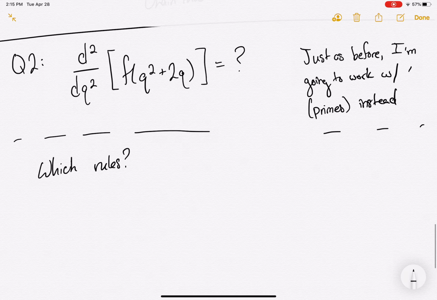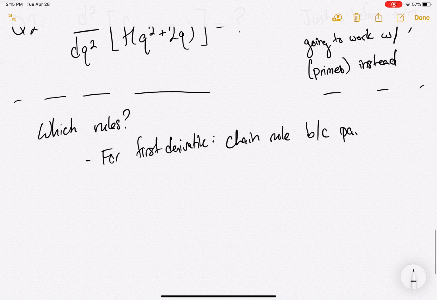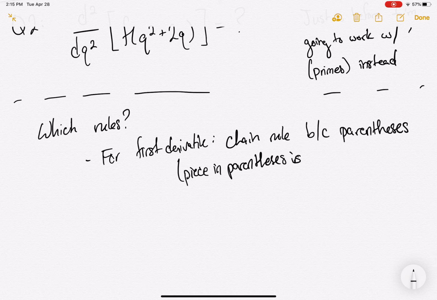Well, for the first derivative, we'll use the chain rule because parentheses. And more importantly, the piece in the parentheses is not just the variable, right?